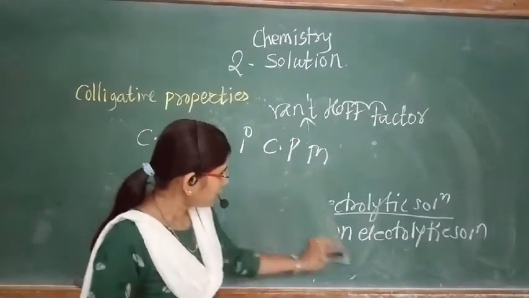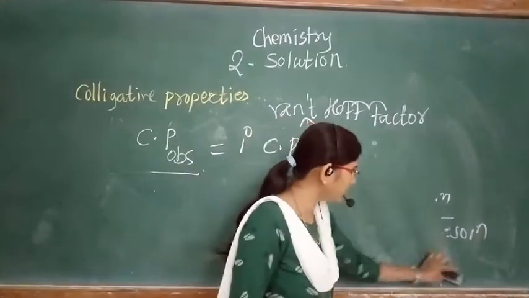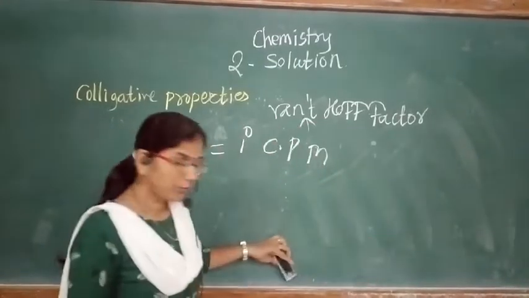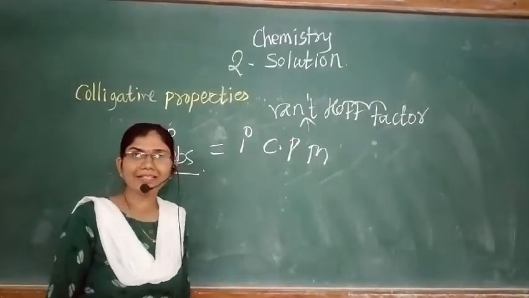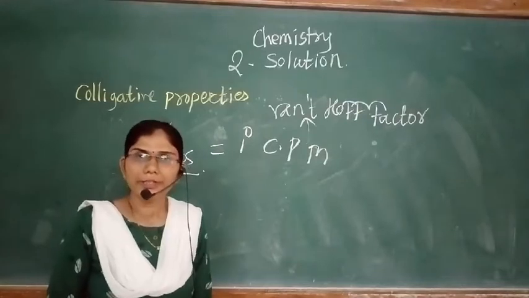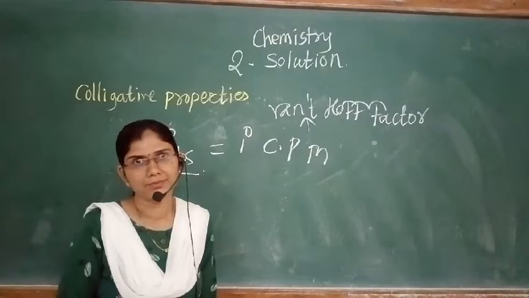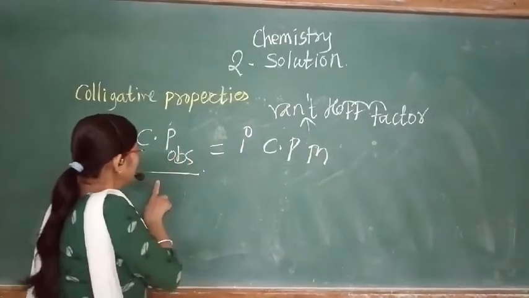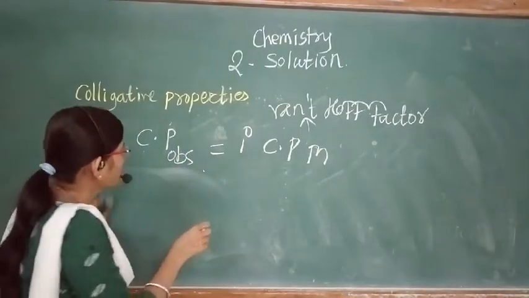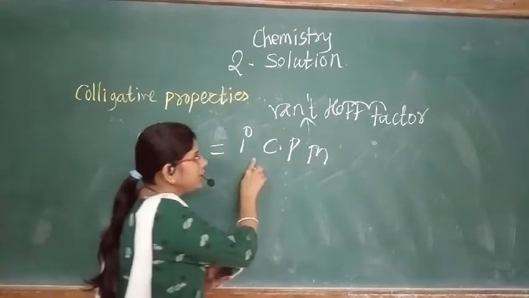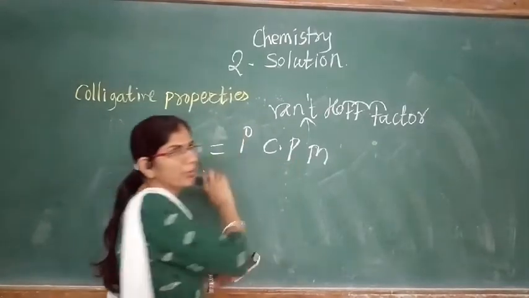So the van 't Hoff factor gives the relation between the colligative property observed for the electrolytic solution and the colligative property for the non-electrolytic solution. Therefore, observed colligative property is equal to i into theoretical colligative property.